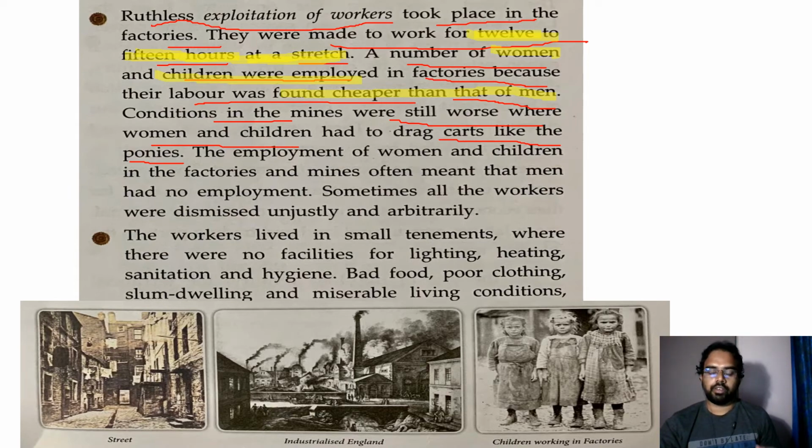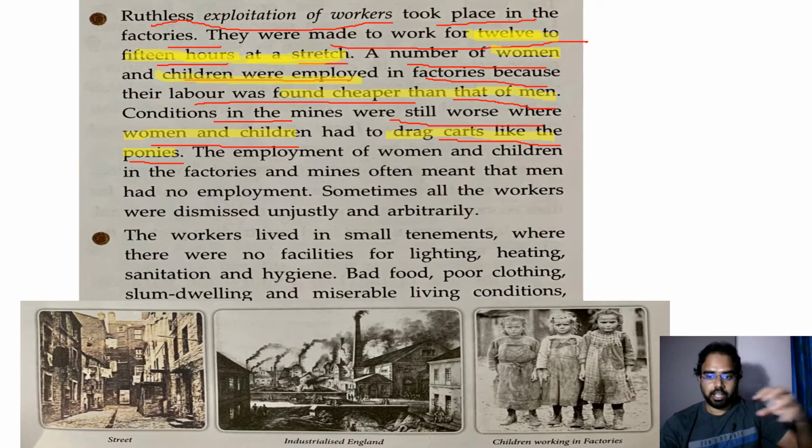So one negative impact was exploitation through huge numbers of hours. The second thing was that women and children were used extensively to save salaries and wages, and women and children also had to drag carts like the ponies. Ponies here means the horses, right? Horse carriages.